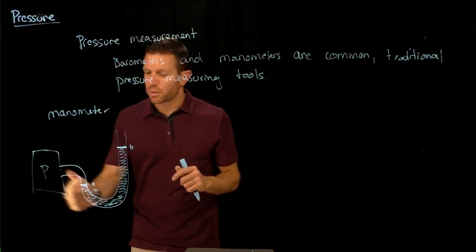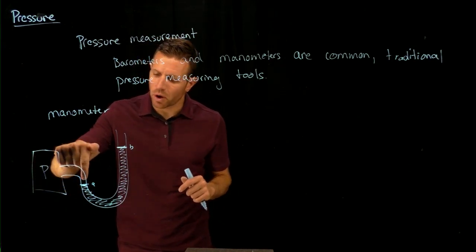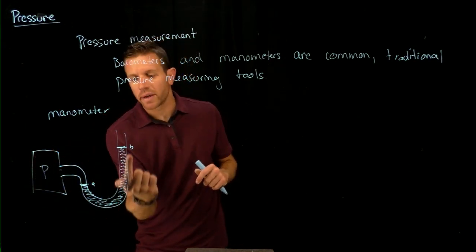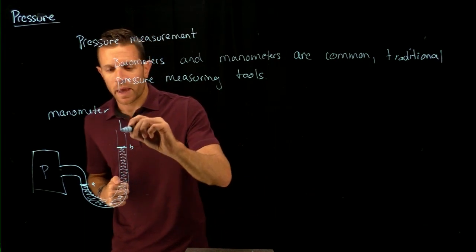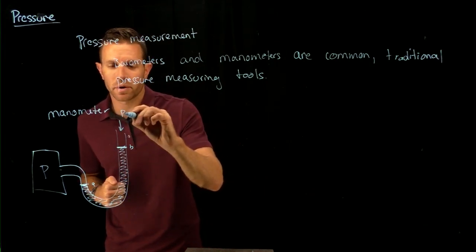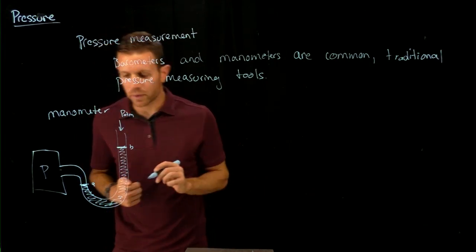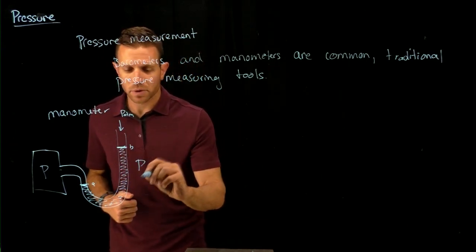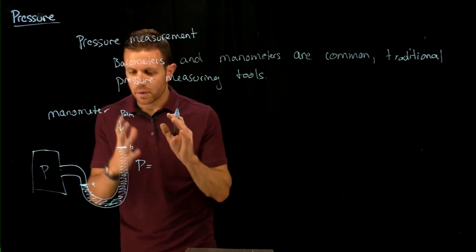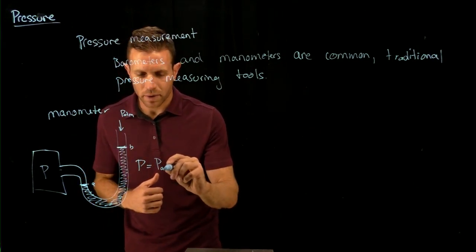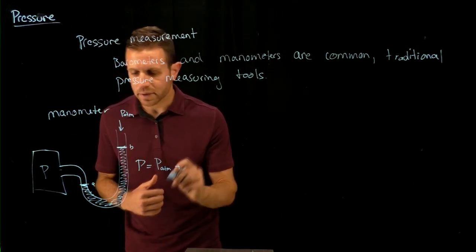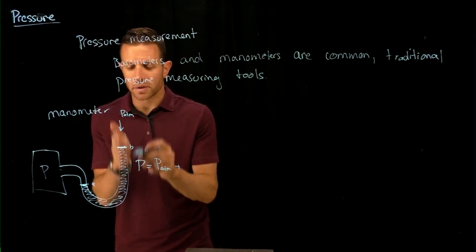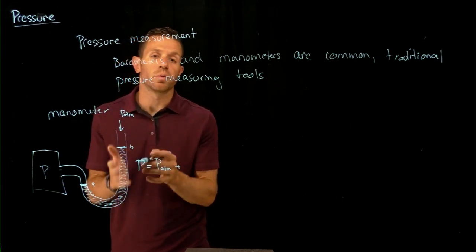The pressure here is going to push on the fluid and make it rise up the tube. And we, of course, have atmospheric pressure pushing down onto the fluid. So simply, this pressure in the tank can be measured as the atmospheric pressure plus the static pressure associated with this rise in the fluid height.